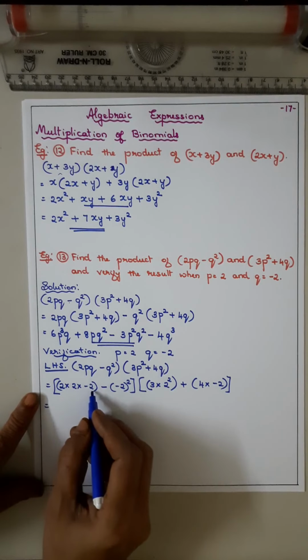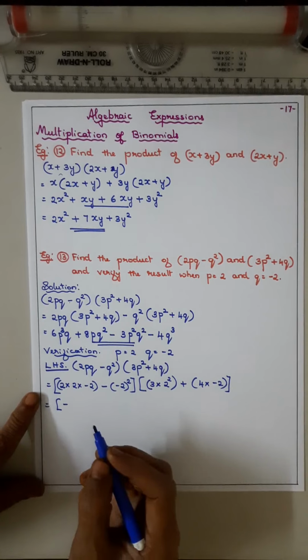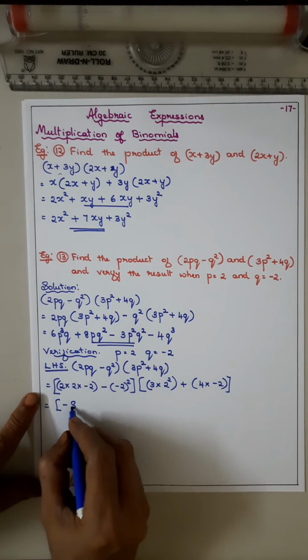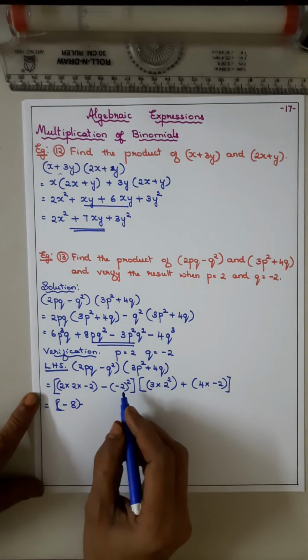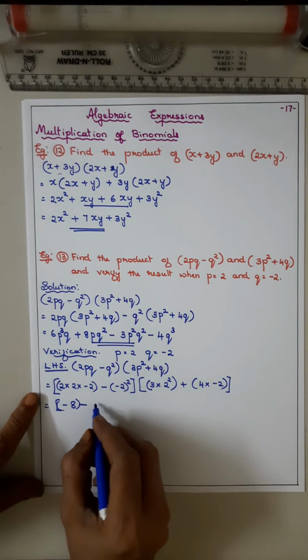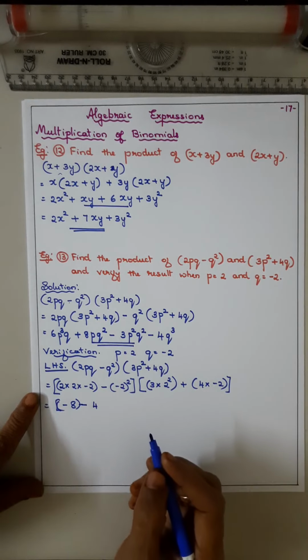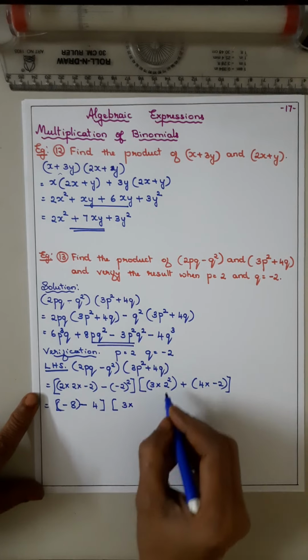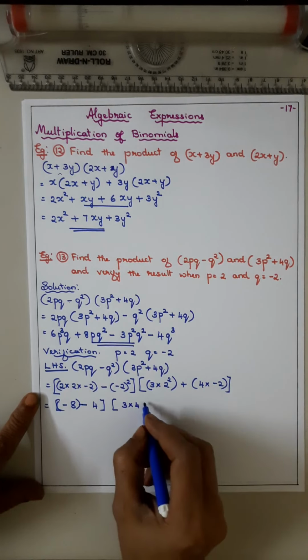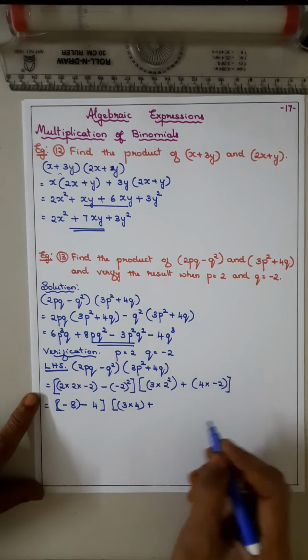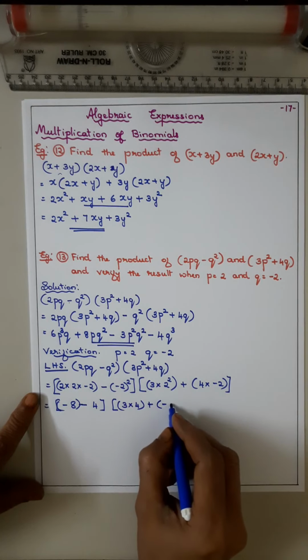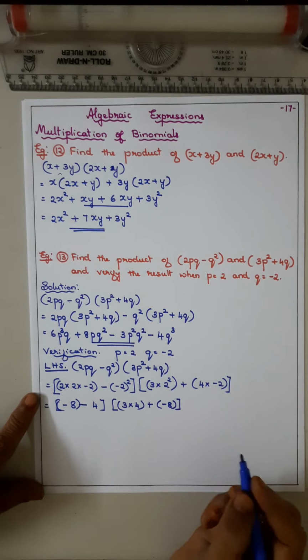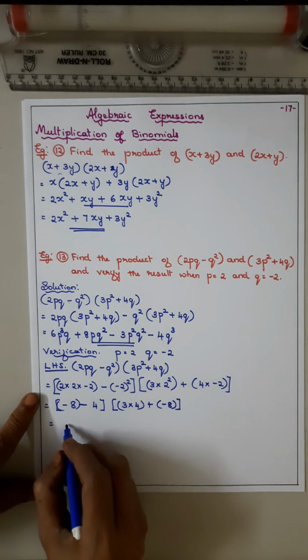Now here the sign will be minus, 2 2s are 4, 4 2s are 8. Now minus, this one will be minus 2 the whole squared. It becomes plus 4, isn't it? Now here 3 into 2 squared is 4, plus 4 into minus 2. It becomes minus 8.